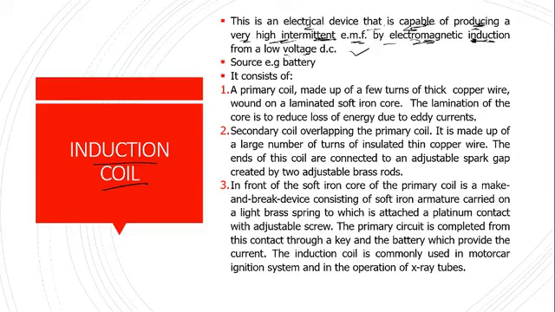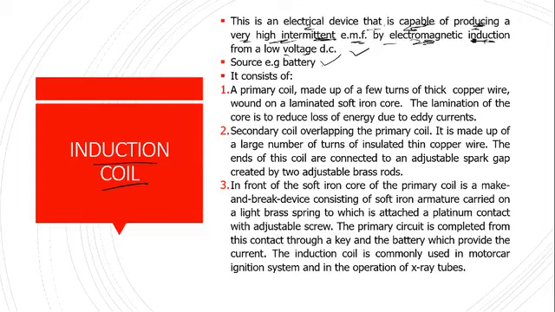Put simply, a low voltage DC is a direct current source such as a battery or a simple cell. A battery or a simple cell is able to provide enough EMF or voltage required or capable of producing electromagnetic induction.